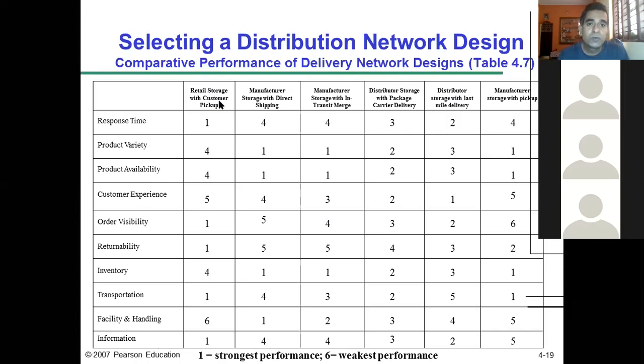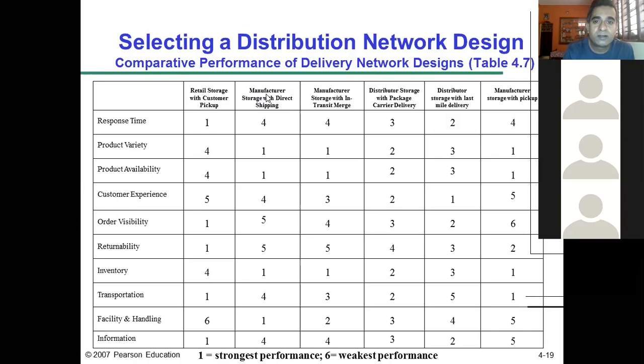When we purchase grocery, toothpaste, soap, shampoo, we go to the nearby kirana store or a supermarket and we buy. So it is that type of retail storage with customer pickup. It scores 1 on response time. 1 means strongest performance, which means with the retail storage with customer pickup, the response time is highest. So it is suitable for fast moving consumer goods, if you remember.